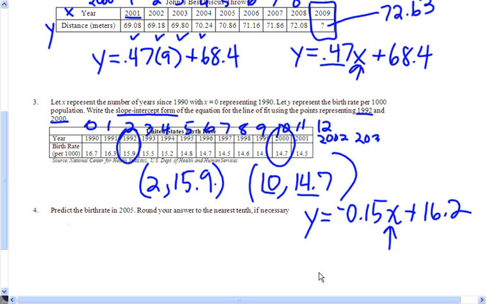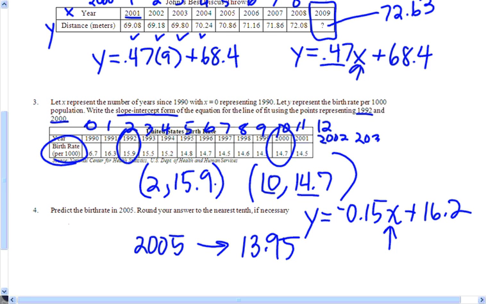So we're thinking in the year 2005, the birth rate will be, what was that number again? 13.95. Now remember, that's per 1,000, so we maybe should say that per 1,000. Now, one thing we should think about is, how accurate do you think that is?